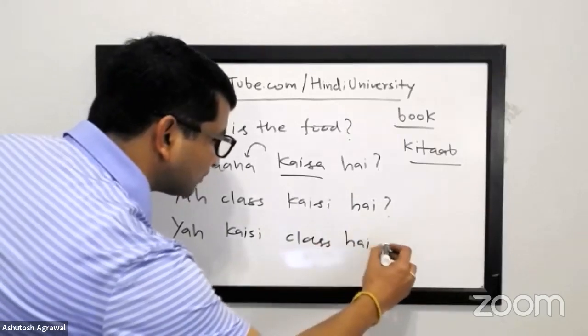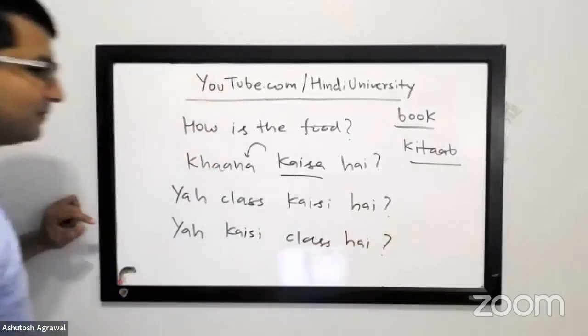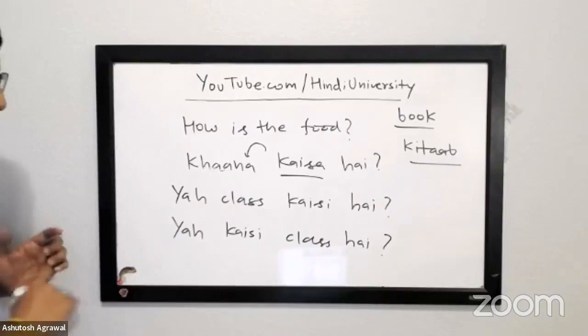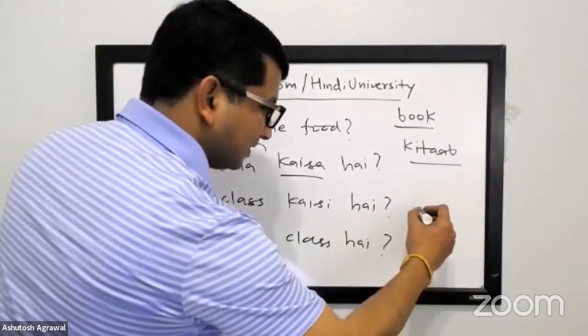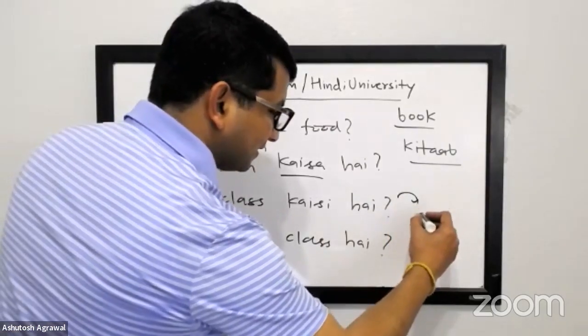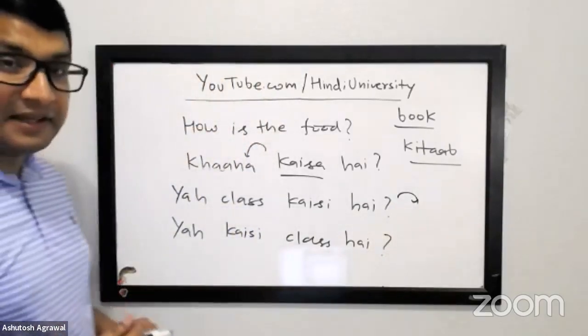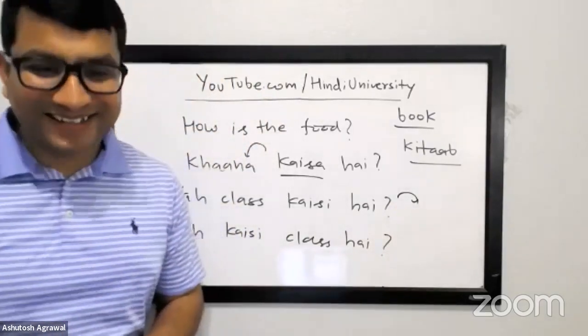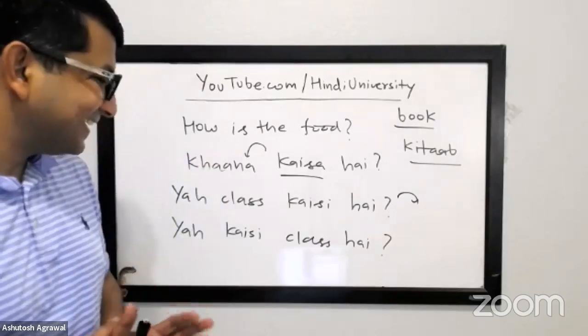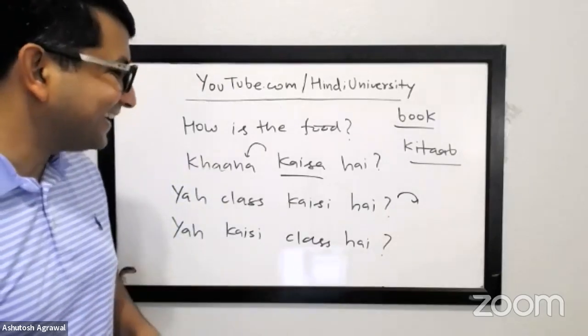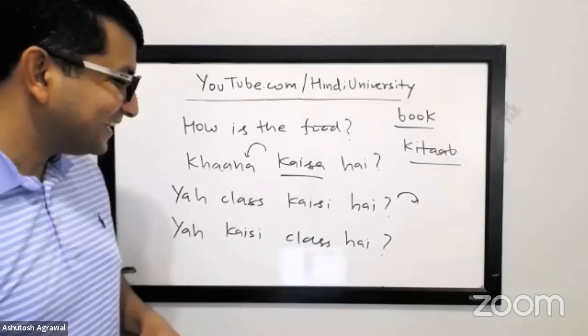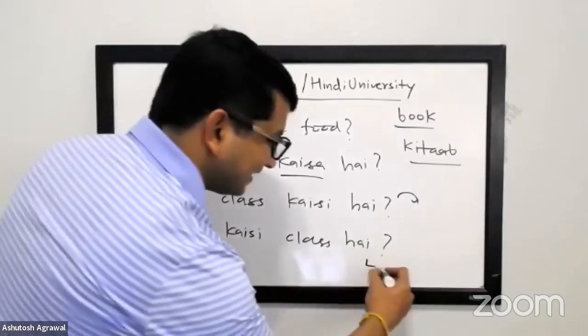What kind of responses will you get in both of them? So यह क्लास कैसी है? How is this class? यह क्लास दिलचस्प है, इंटरेस्टिंग है, बोरिंग है? बोरिंग है, हाँ. Right. लेकिन ये सच नहीं. और यहाँ कैसी क्लास है? So what type of class? ये हिंदी की कक्षा है.